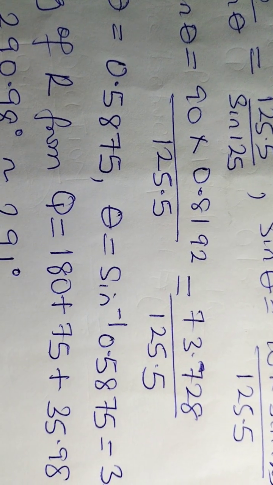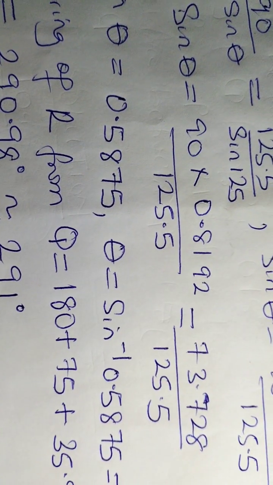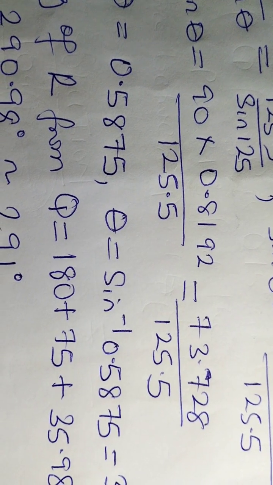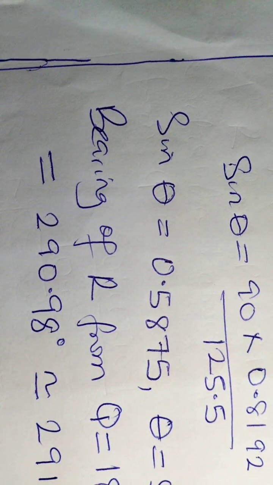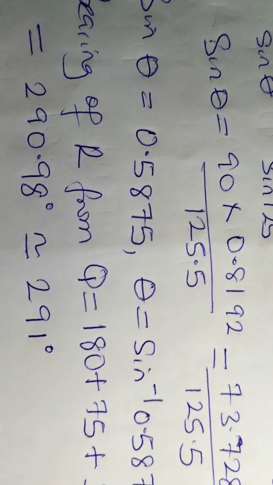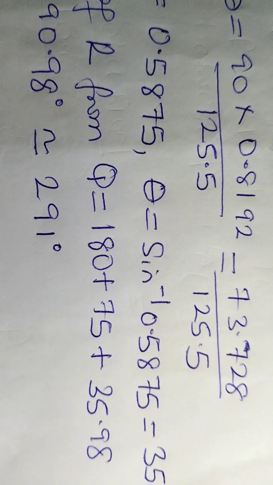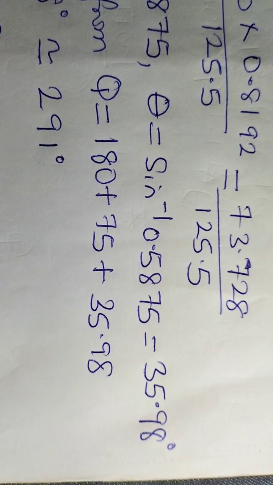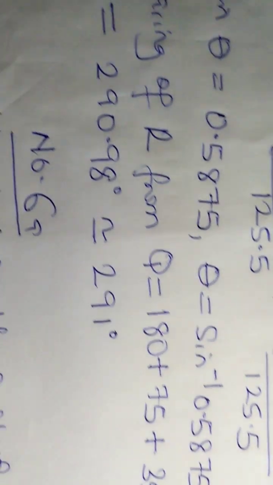Then that gives us 73.728 all over 125.5. So we divide 73.728 by 125.5, we get sine theta as 0.5875. Then theta becomes sine inverse of 0.5875, and that will give us 35.98 degrees.